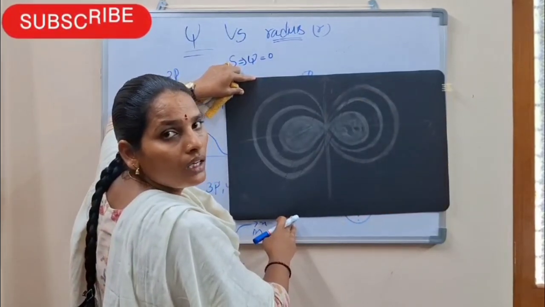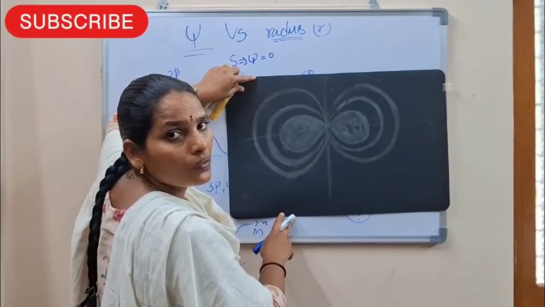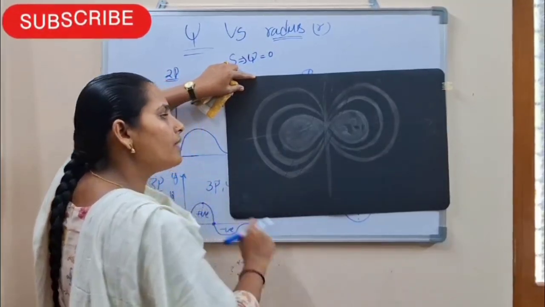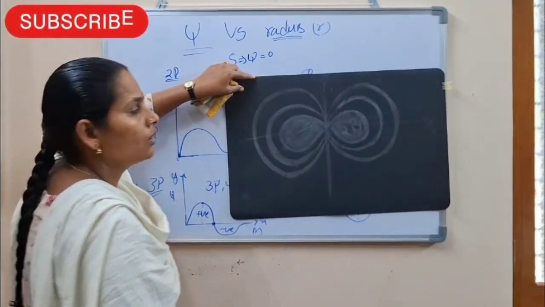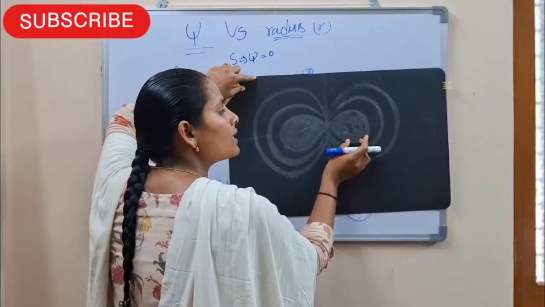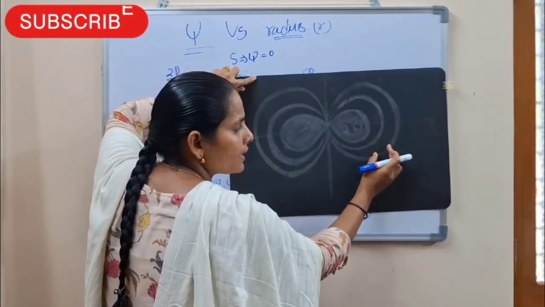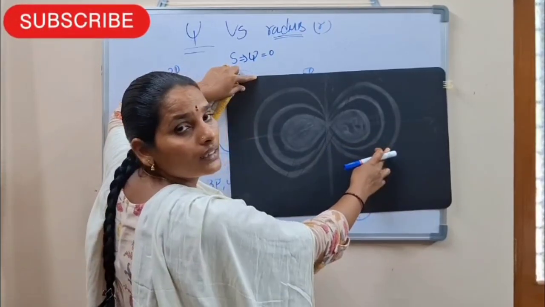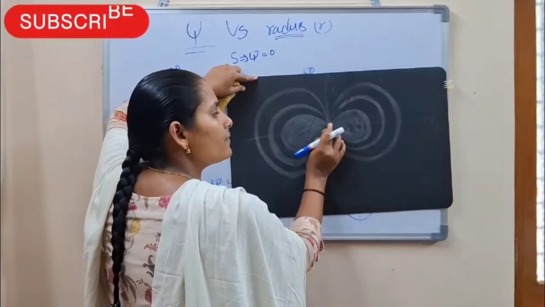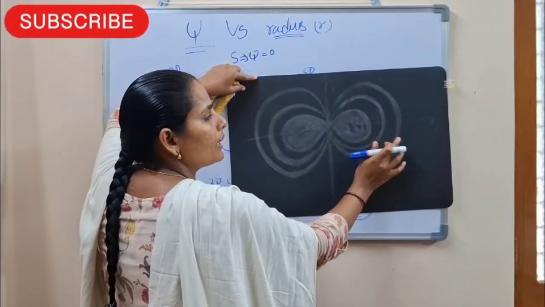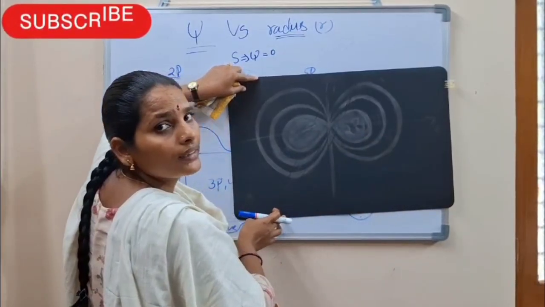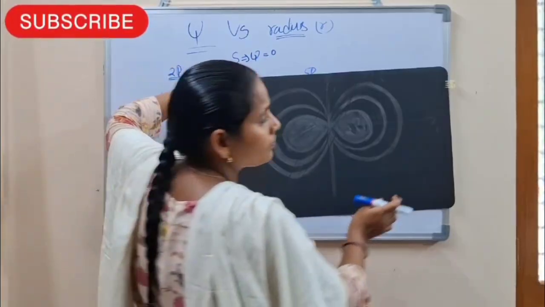At nodal planes, the angular nodes are the same. This is the representation for the nodes. One more thing you can observe is that as the number of orbitals increases, the size increases. Here 2p is very near the nucleus compared to 3p and 4p. Have you got it?